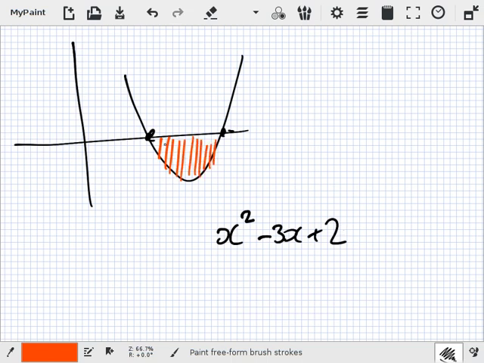What I mean is there's a symbol here, and it's either going to be greater than or less than. And one of them matches up with shading underneath. Yes, which one?